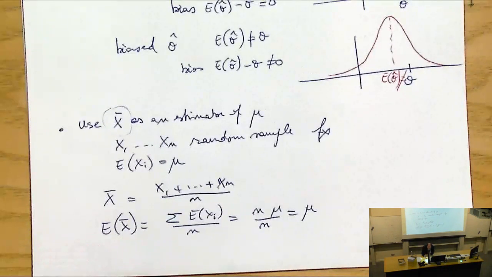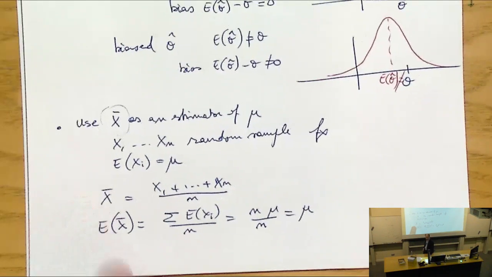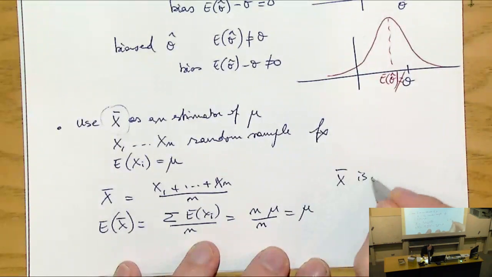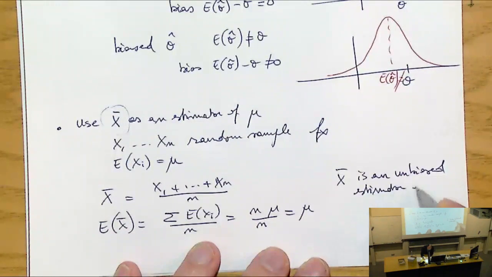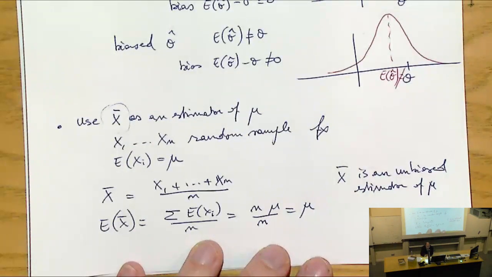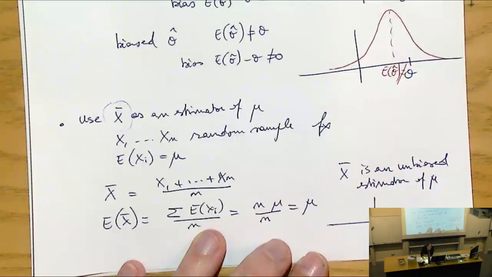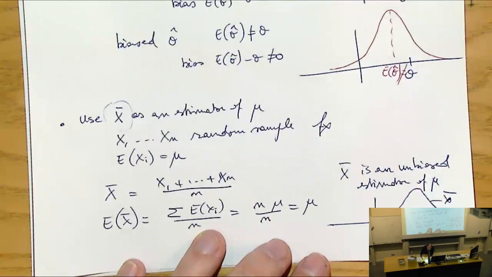So if I have random samples and I use the sample mean as an estimator of that mean, the sample mean is an unbiased estimator of mu, the theoretical mean of the underlying distribution. So if you have mu here, x bar will have a certain distribution with a non-zero variance, but its mean will be equal to mu. Yes?